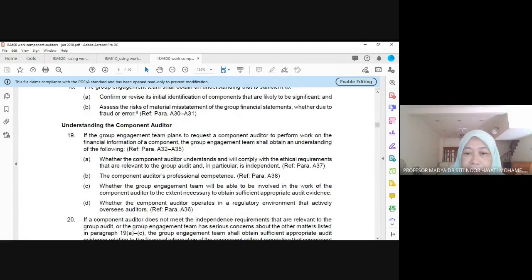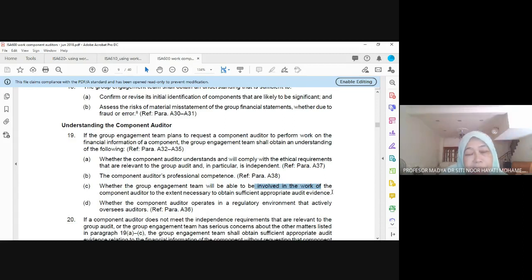So besides the independence, the group auditor is also going to look at the ethical requirement of the component auditor, going to look at the competency of the component auditor, and going to consider the extent to which the work of the component auditor is going to be used in the group audit work.